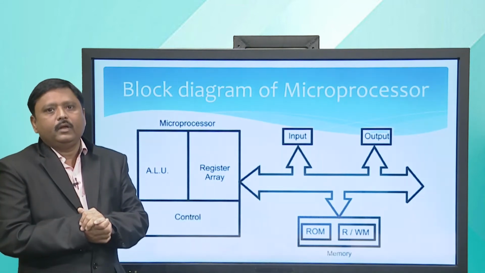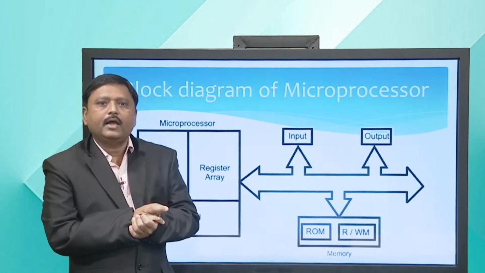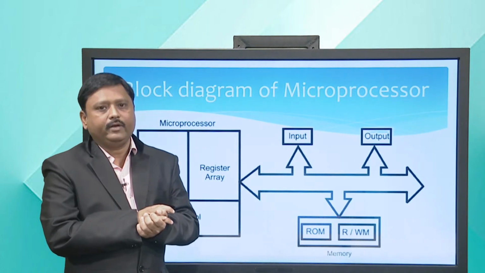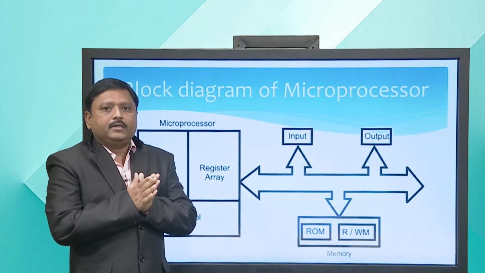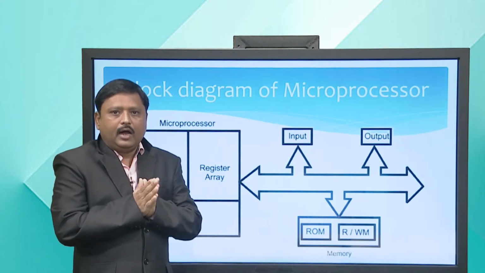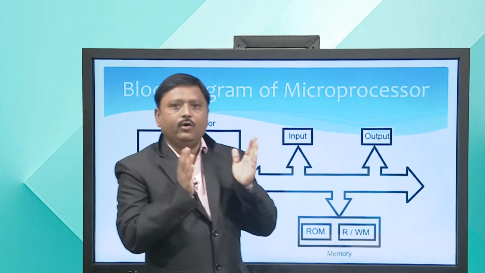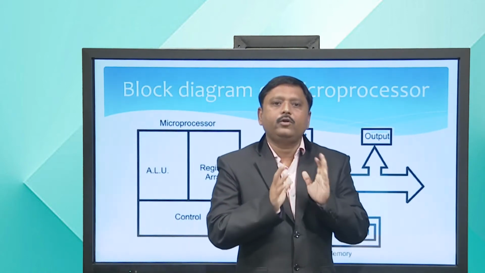Now, a microprocessor is capable of performing computing functions and making decisions to change a sequence of program execution. The main parts of a microprocessor are the arithmetic and logical unit or ALU, registers and control unit.